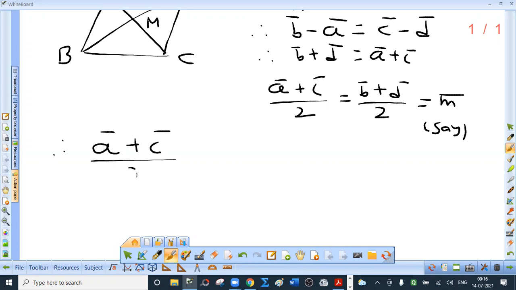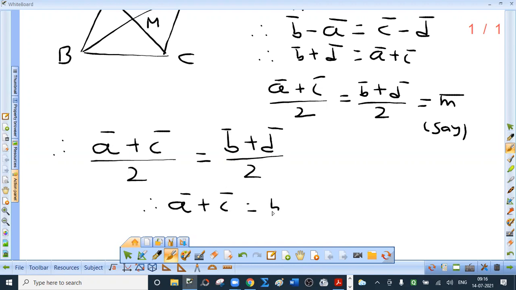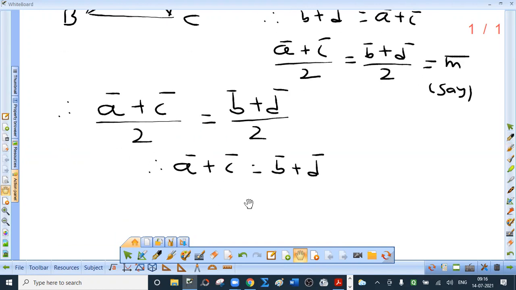So A bar plus C bar upon 2 equals B bar plus D bar upon 2. So A bar plus C bar is B bar plus D bar. So B bar minus A bar is C bar minus D bar. Therefore, AB bar equals DC bar.